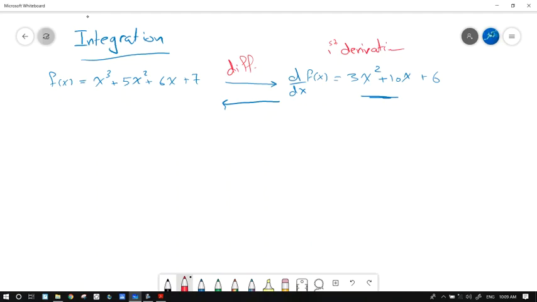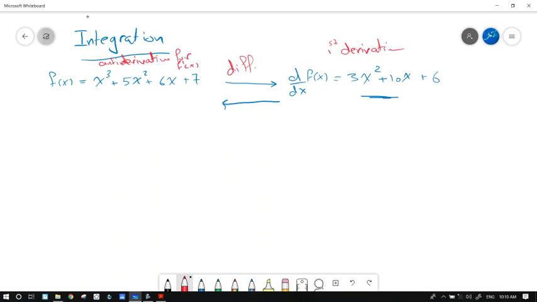So this function is called the antiderivative for f dash of x. This is the antiderivative of this expression. So this is the derivative of the given function, and this is the antiderivative of the given derivative.